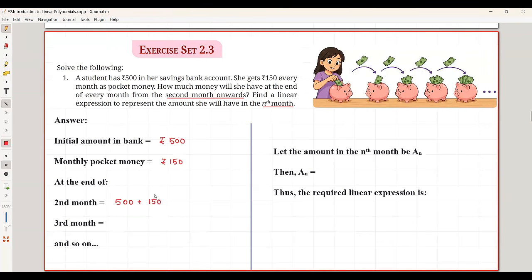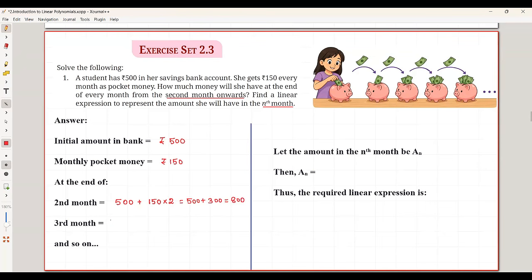In the second month we add 150 into 2. Simplifying, 500 plus 300 gives 800 at the end of the second month.